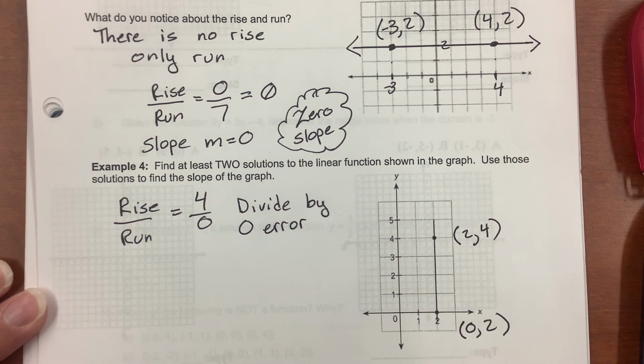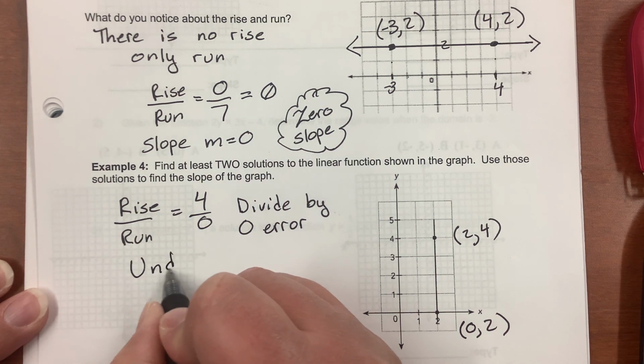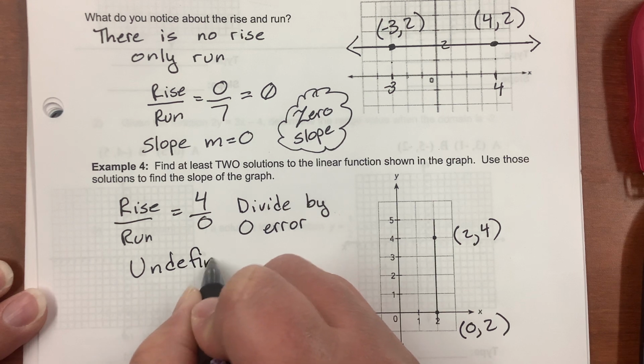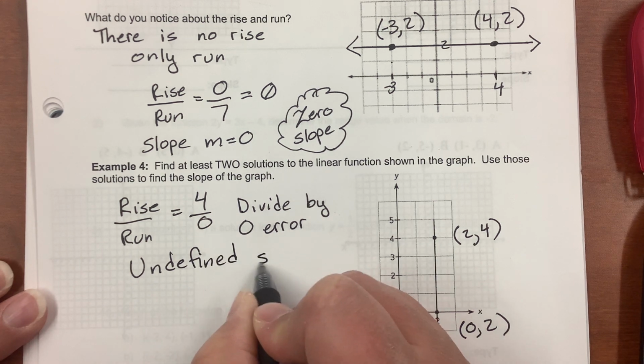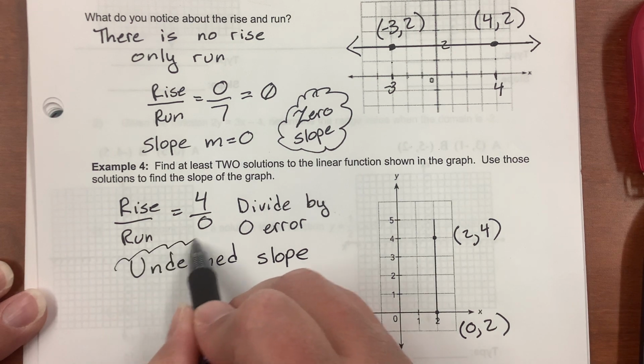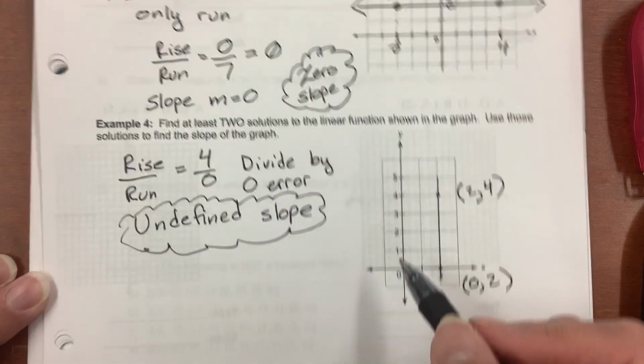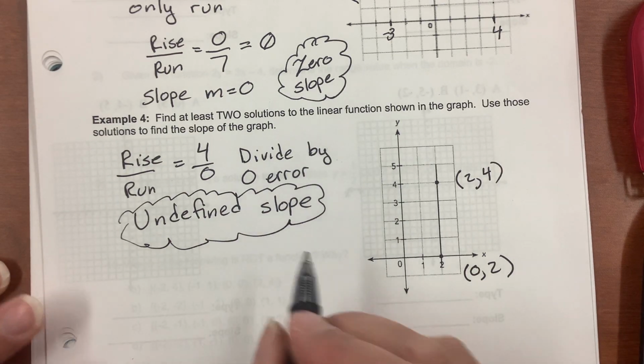You know what that means? That means it's an undefined slope. In other words, there is rise, but there is no run.